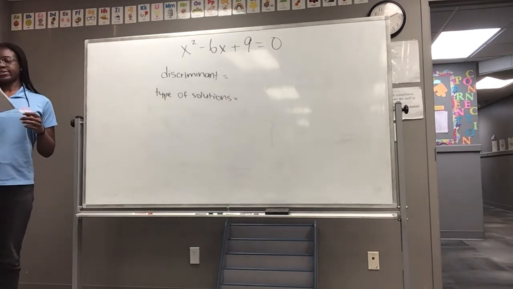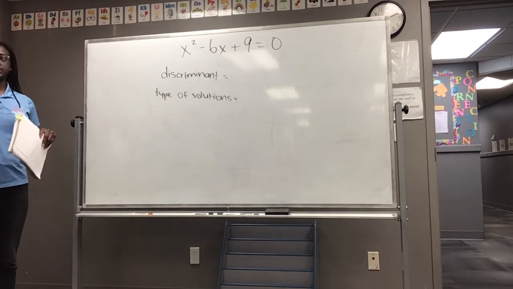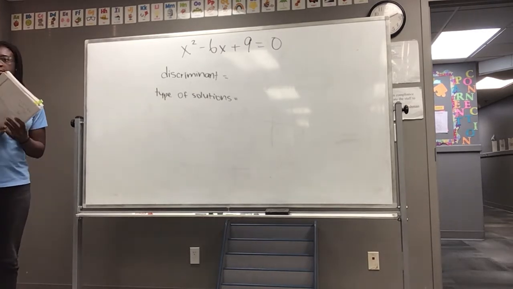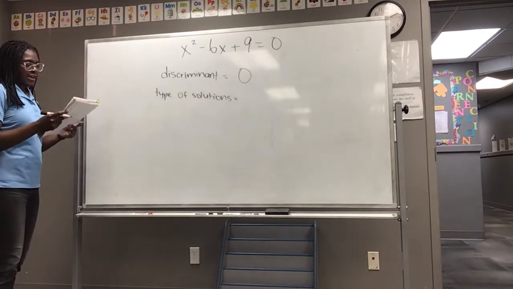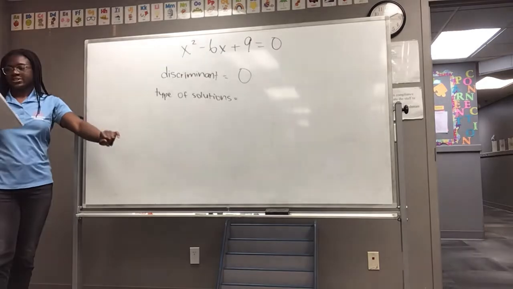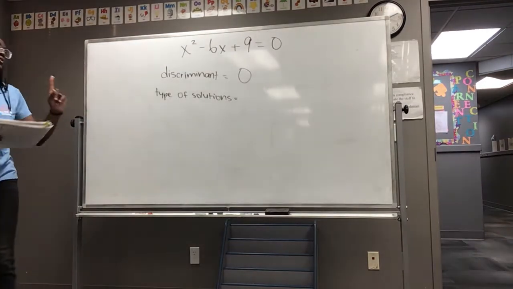Okay, what did someone get for the discriminant? Yes, the discriminant is 0. And what does that mean about the type of solutions? There's just one real solution.